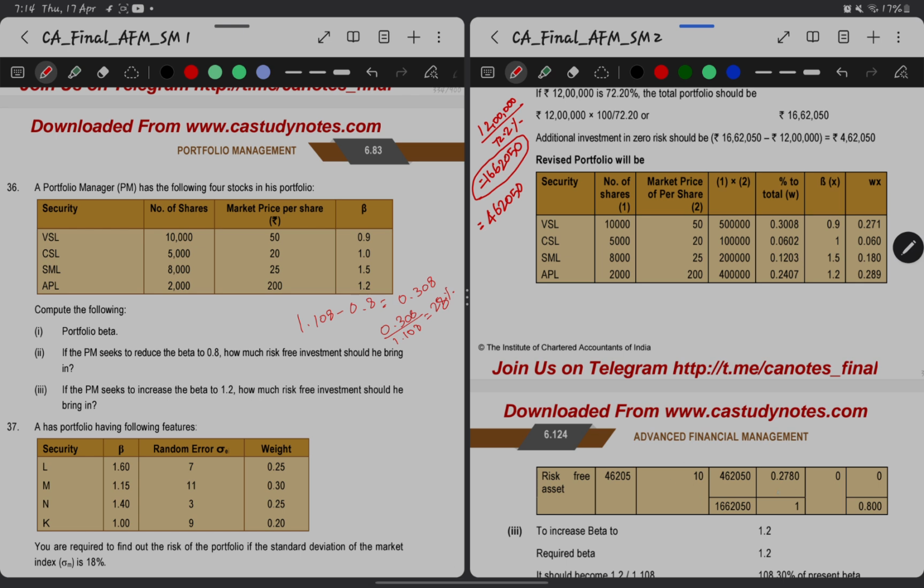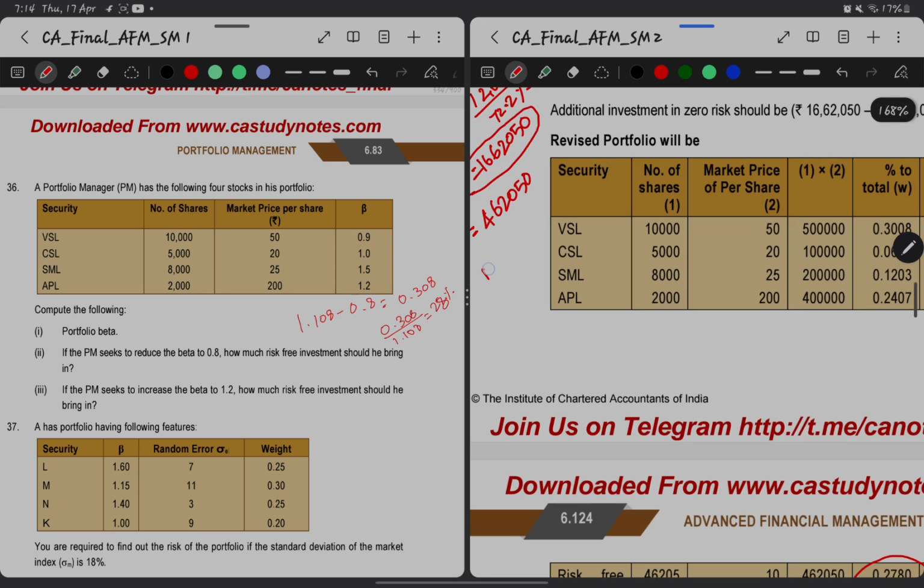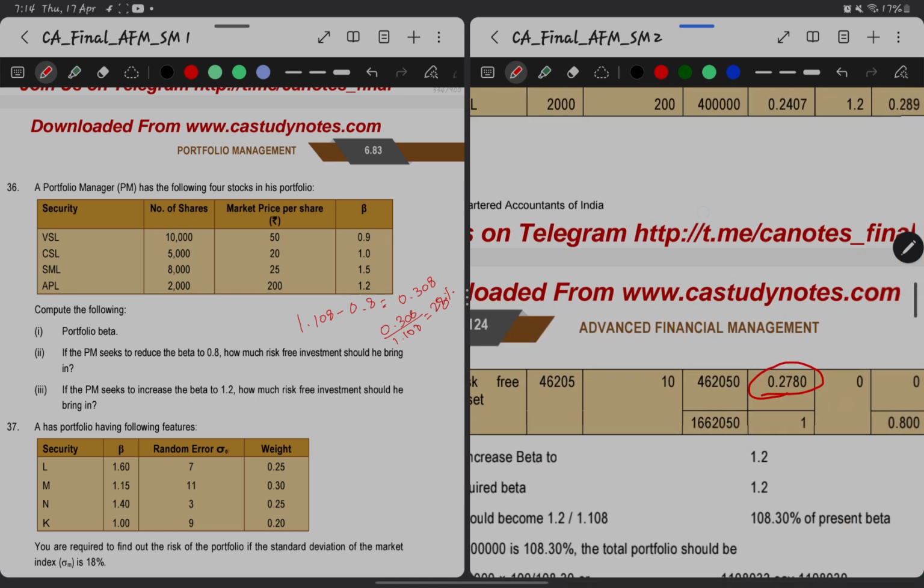So the risk-free return weight will be 0.2780, and even if you check here, as we have previously seen, 100 minus 72.2 will give us the same risk-free weight, which is nothing but 27.80, same as we got here.